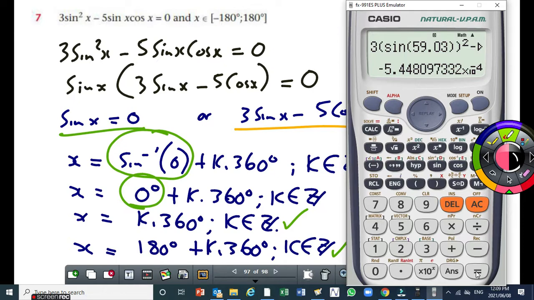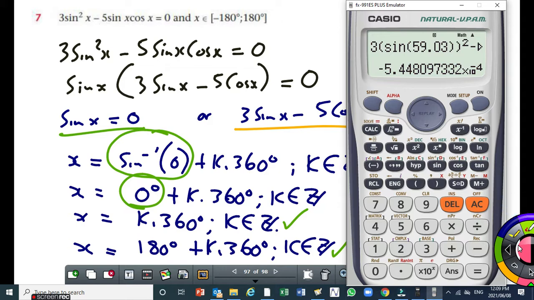Now, you see, this number here is written as minus 5,448 times 10 to the power of minus 4, which is close to 0. Listen, look here, this is common sense. Are you aware that I rounded off that 59,03?